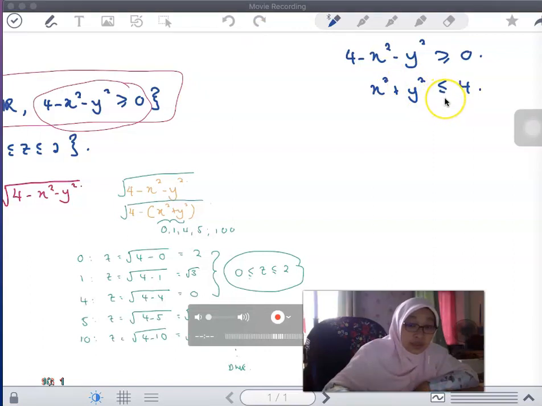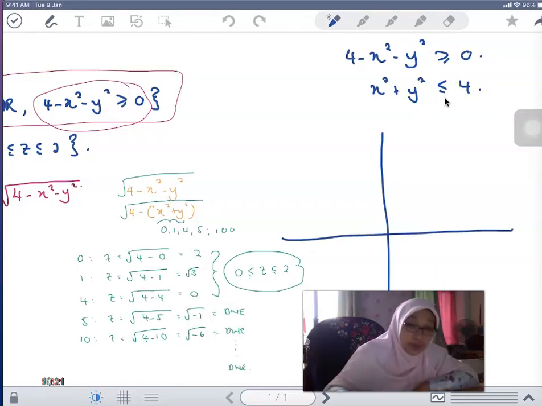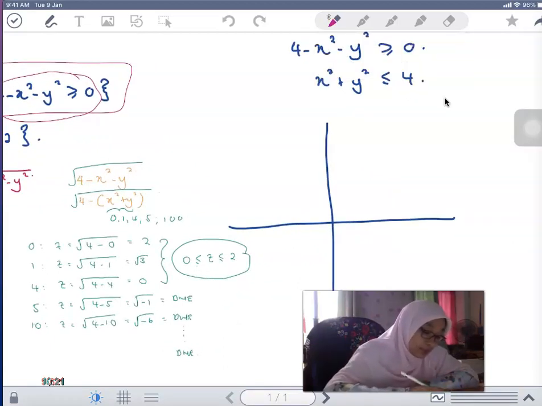Just assume this is equal to 4, just for the sake of sketching only. So when you have x squared plus y squared equal to 4, we have a circle here, a circle with radius 2, centered at the origin on the xy plane.